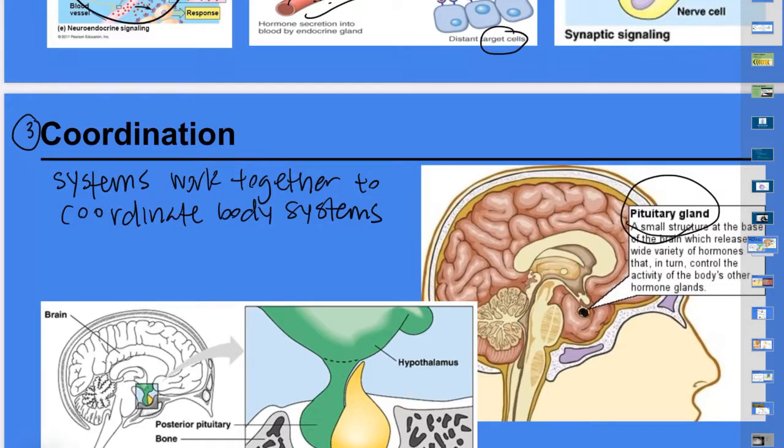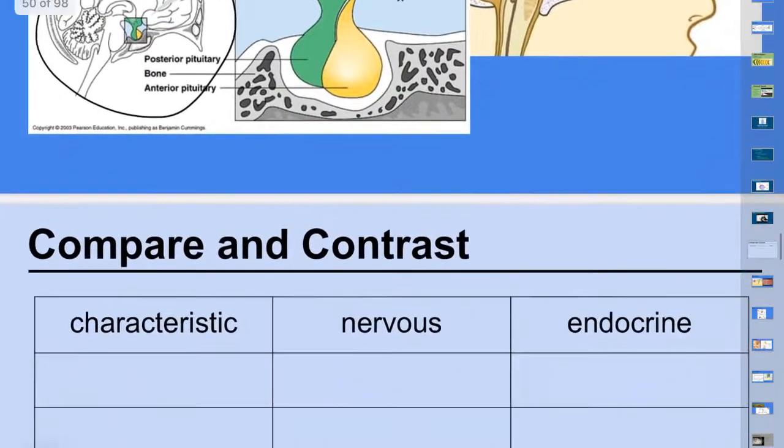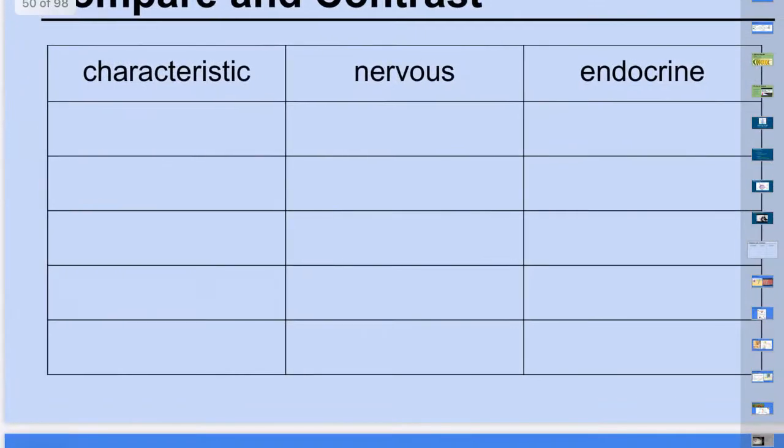The cells within those systems are talking to each other, but they're really working together. Like I said, the pituitary gland is the master gland of the endocrine system, and it's wrapped in the master organ of the nervous system, the brain. It's interesting that they are anatomically located right next to each other. You can see that here too.